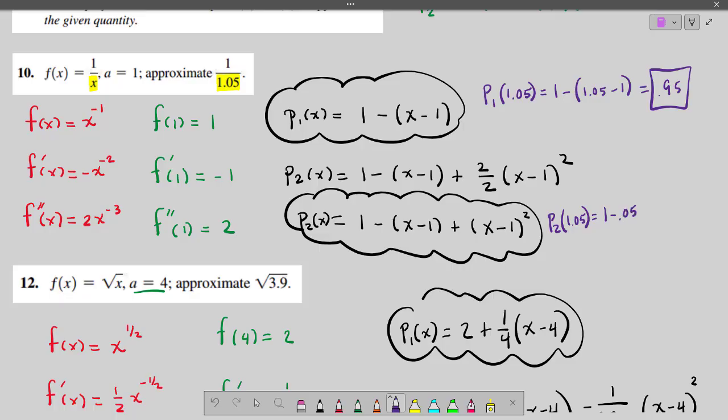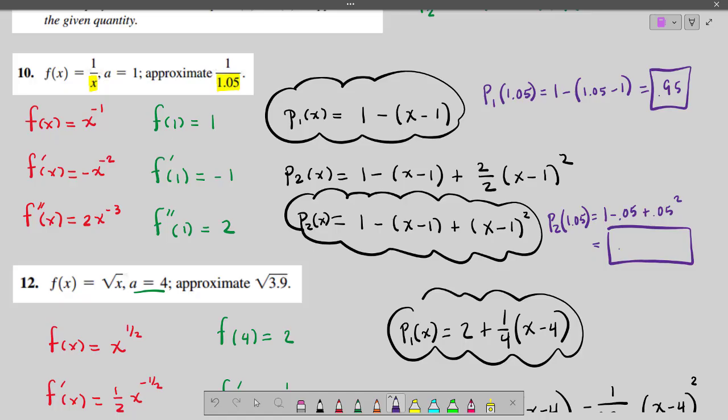So that's our tangent line approximation. And then here we have plus, we're going to do 1.05 minus 1, which is 0.05, but then we have to square it. So 0.05 squared. So can someone type that into your calculator and get what that's going to be equal to? 0.025, right?